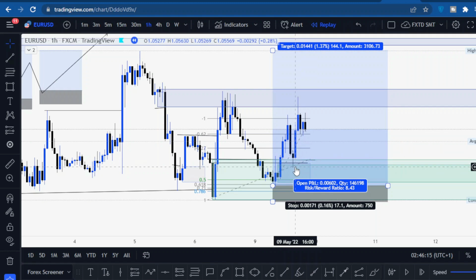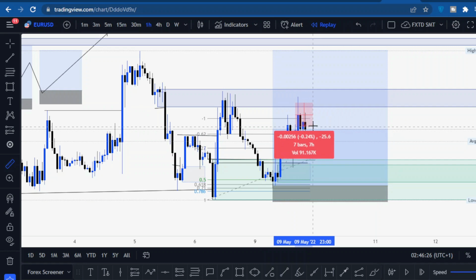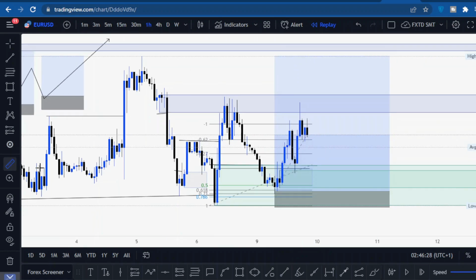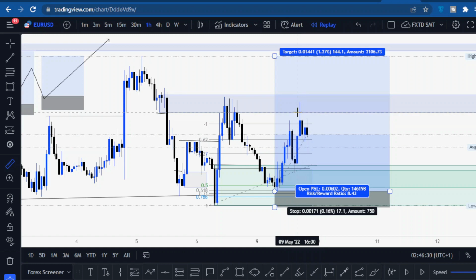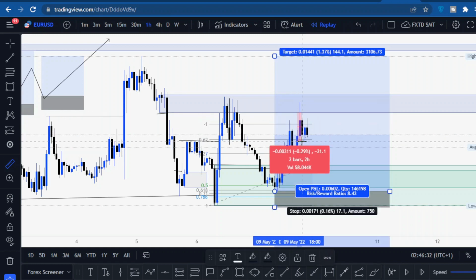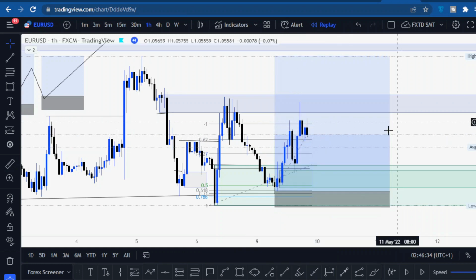And look at it, there was a massive reaction. And the other block that was mapped out above, you see that price reacted from it, right? So it all depends on how you want to trade. Where price reacted from this other block, that's about 30 pips. So if you are okay with that, you can take that and move out of the market.